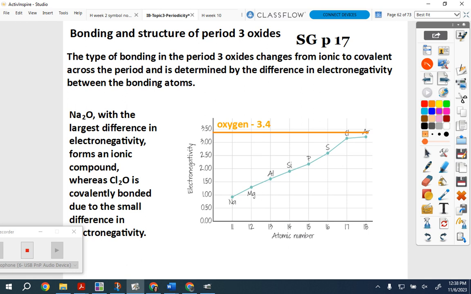Okay, the last thing that they want you to know about is also looking at period 3, looking at those elements, but now talking about, and this is a little bit annoying because this really should be in topic 4, which is about bonding, but talking about the oxides, so the compounds that are made between the period 3 elements and oxygen.